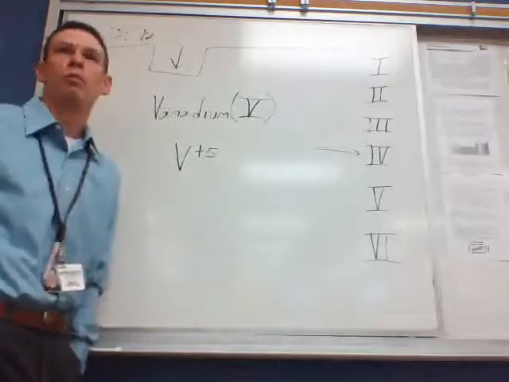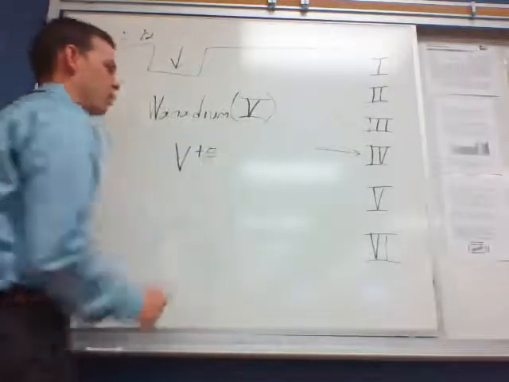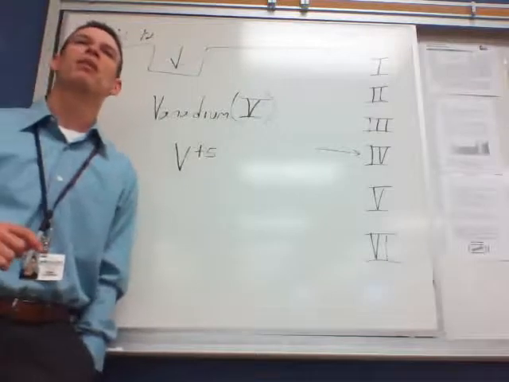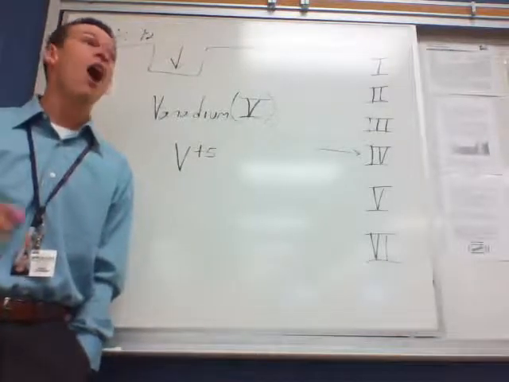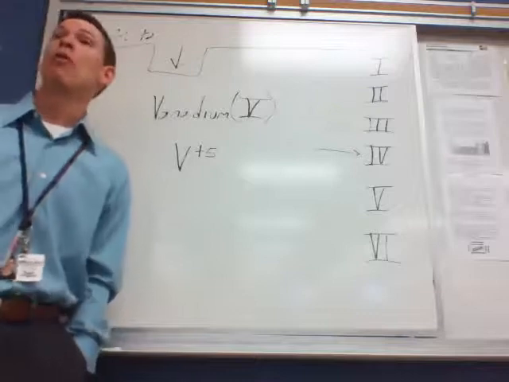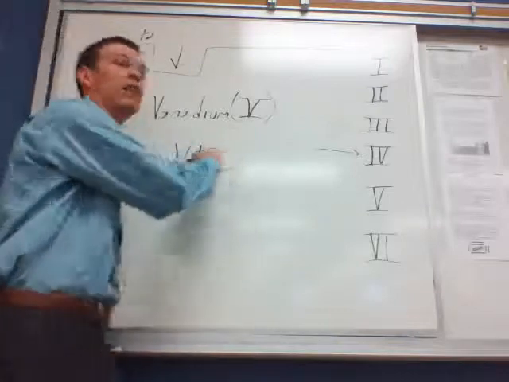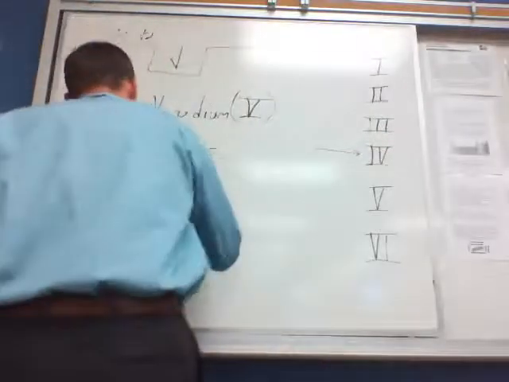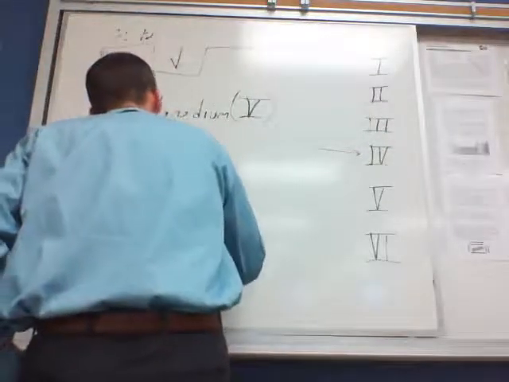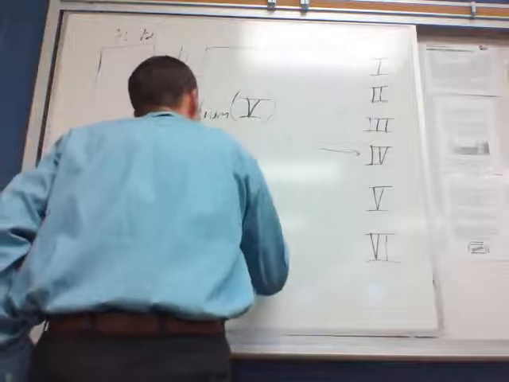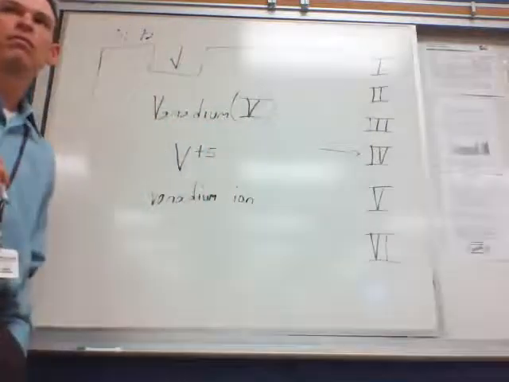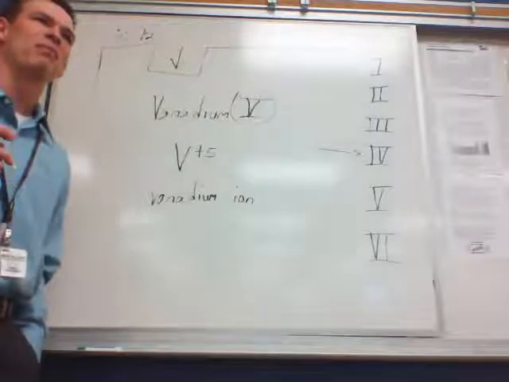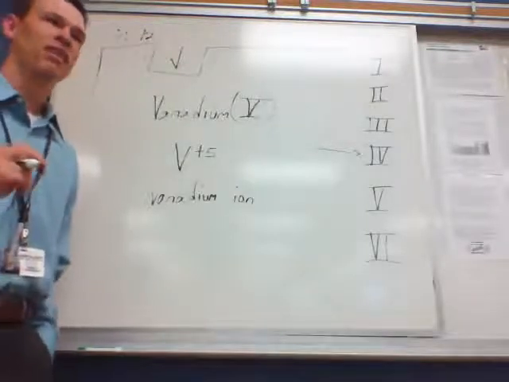Positive because all the Roman numerals are positive, 5 because that's a Roman numeral 5. How would you say him? A vanadium ion. Remember, the rules for naming cations say that you just say the name of the element and then the word ion. So this is a vanadium ion. Only half of you are writing everything that I write, and that'll be the half that remembers this on your final exam.